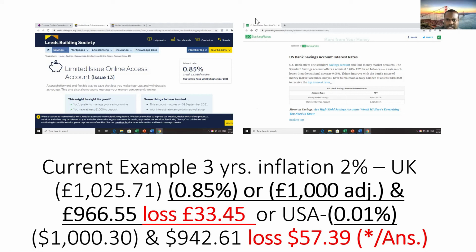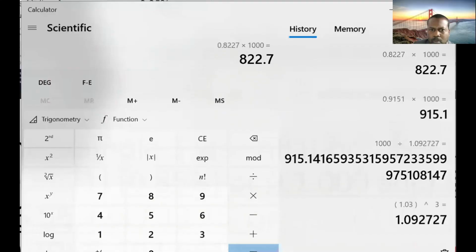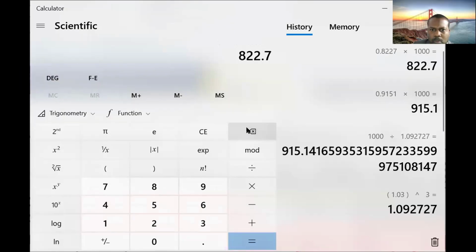I'm gonna have to do a new share screen. Okay. So we had 0.85, and then we were to minus the rate of inflation of 2%.